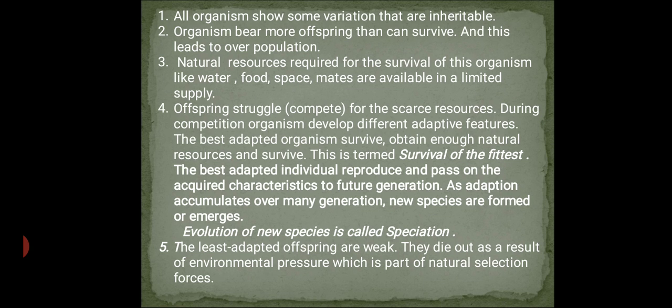In order to meet up, the organisms struggle and compete for the scarce resources. During the competition, organisms develop different adaptive features. The best adapted organisms survive, and this is termed survival of the fittest. The weak ones die out, and the evolution of new species is called speciation.